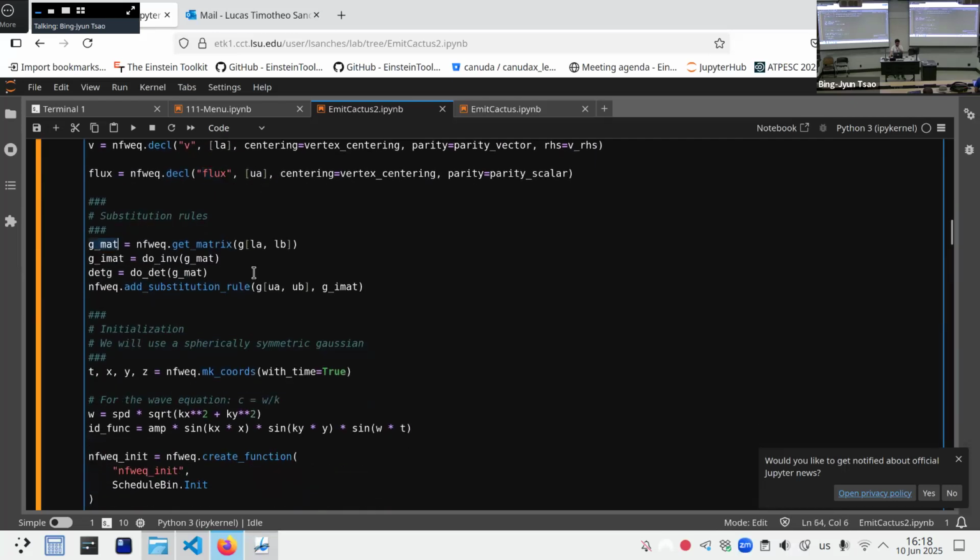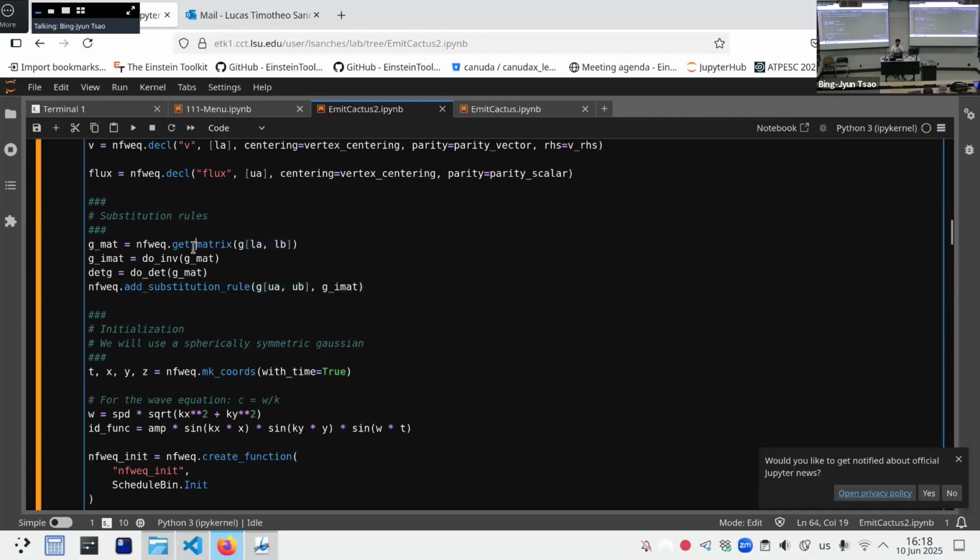Next, we construct our inverse metric. Given that I've imported G from ADM base X, now I have to construct G upper index. ADM base X gives us G lower A, lower B, and I want to find the inverse of that.